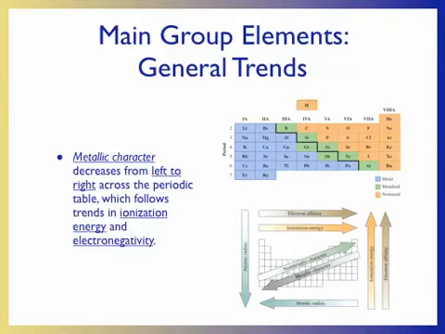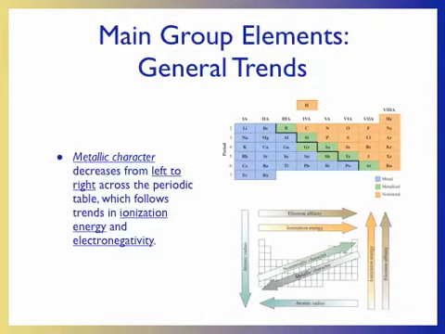Also, metals have low electronegativity. That is, when they're in covalent bonds with other elements, they tend to have less electron density around their nuclei. This makes the elements in the lower left-hand corner of the periodic table the best metals. That is, they have the lowest ionization energies and electronegativities.